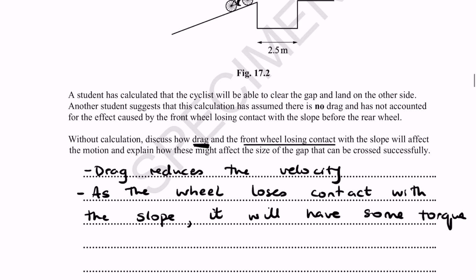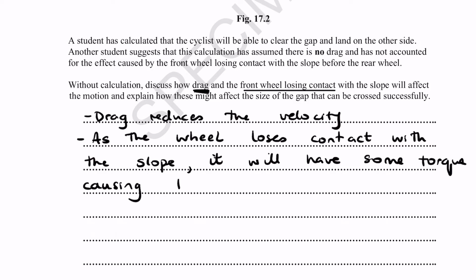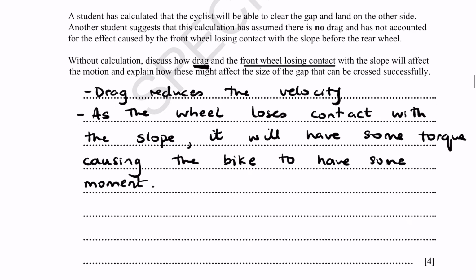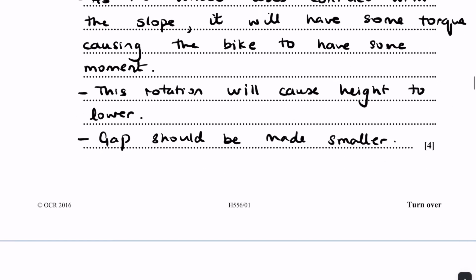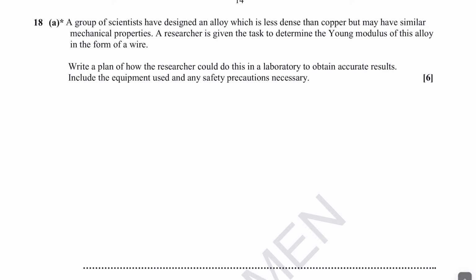This rotation will cause the height to reduce, so the bike will be at a lower level. What that means is that the gap should be made smaller for the cyclist to reach the other side successfully. The width of this gap should be made smaller. So that's that. 18 now.